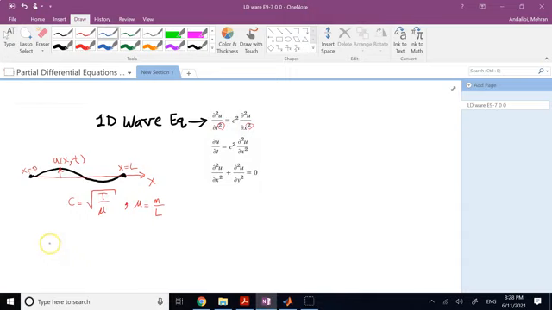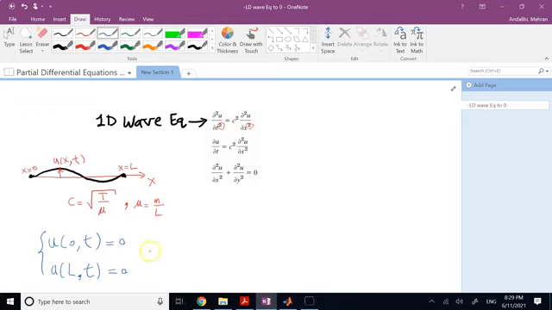So you probably have something like, for example, since this is x and t, u at 0 and t, which is the displacement at the beginning point at all times, is equal to 0, let's say. And for example, u at L and t is also 0. So you fix the two ends, and the two ends cannot go up and down.